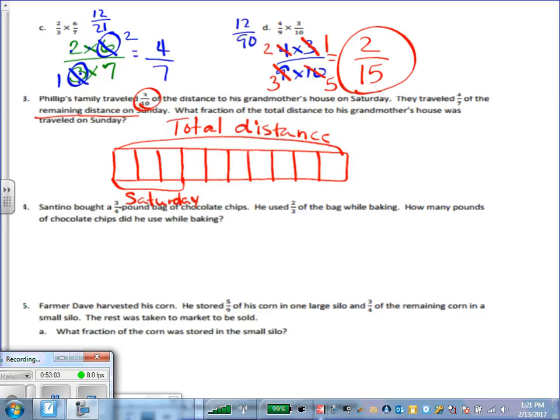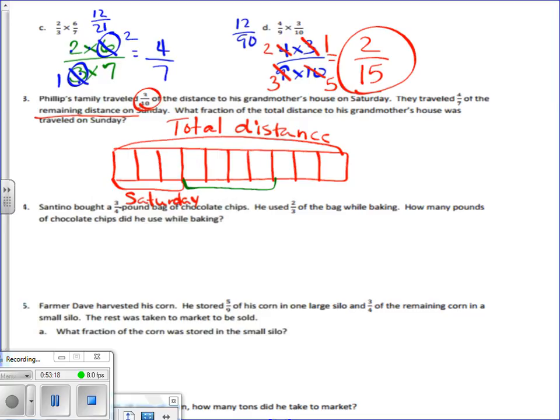When we took out the 3, how many are left? 7. There are only 7 of the remaining, and so 4/7 of the remaining. So this was Sunday, 4/7 of the remaining.